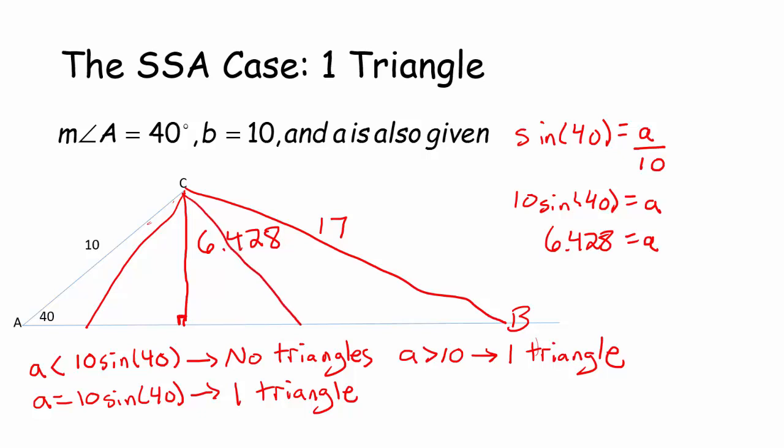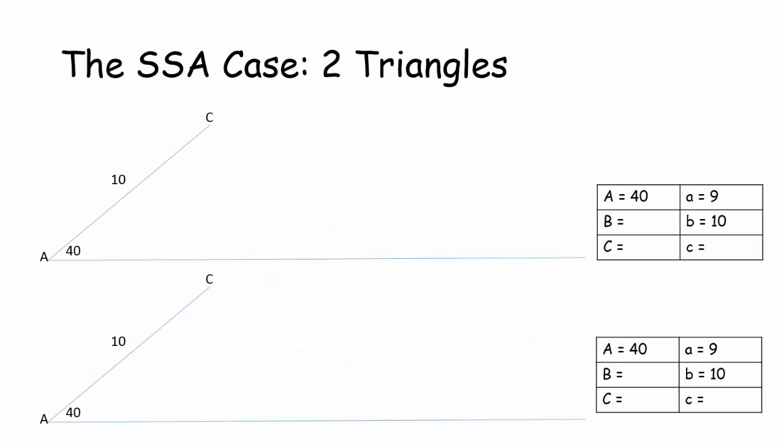That's the key here. When side A is bigger than 10 sine 40 but less than 10, we can create two triangles. Let's explore this idea further.